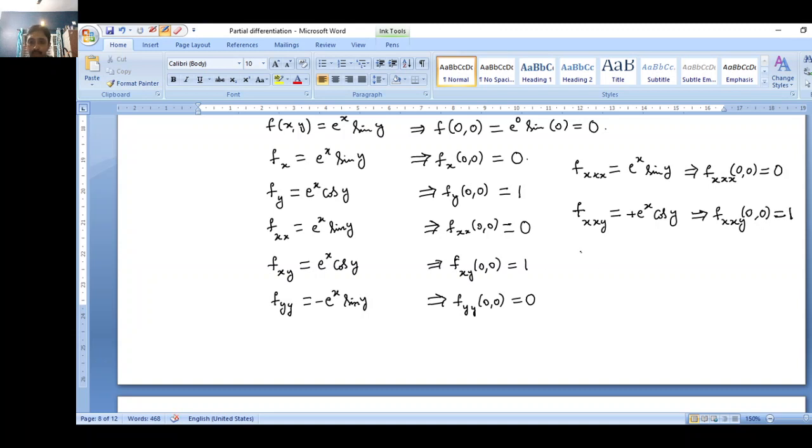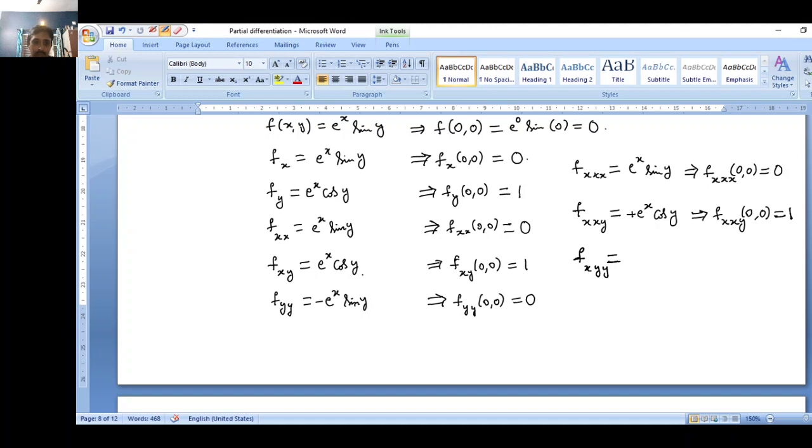Okay, then fxyy. Remember, these mixed derivatives can be found in so many different ways. One way is what I'm going for. So fxyy would be about differentiating fxy with respect to y.